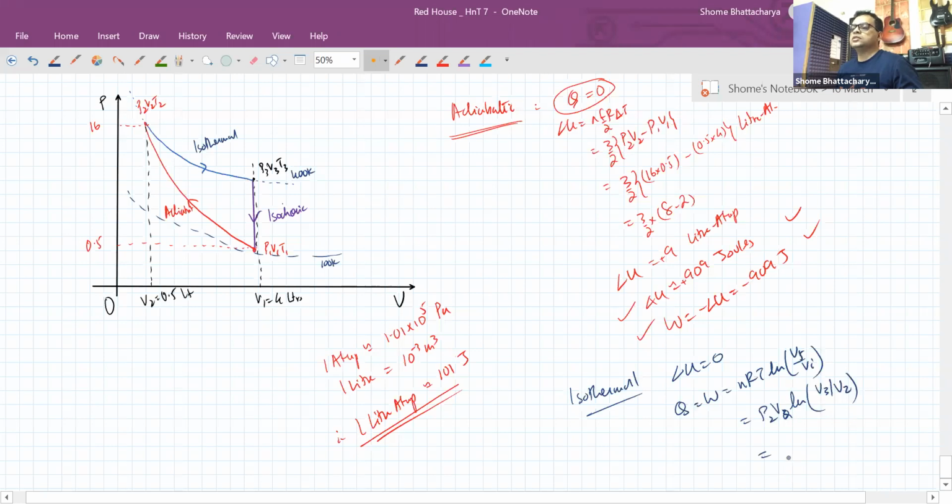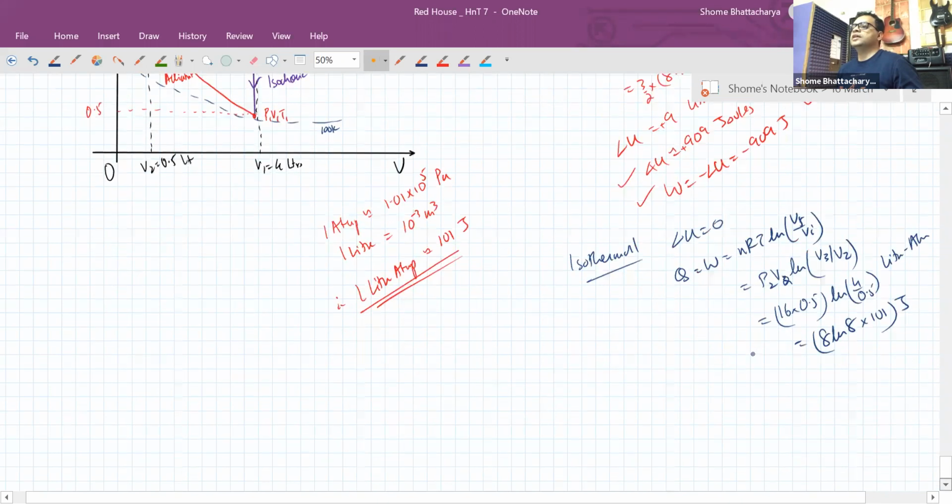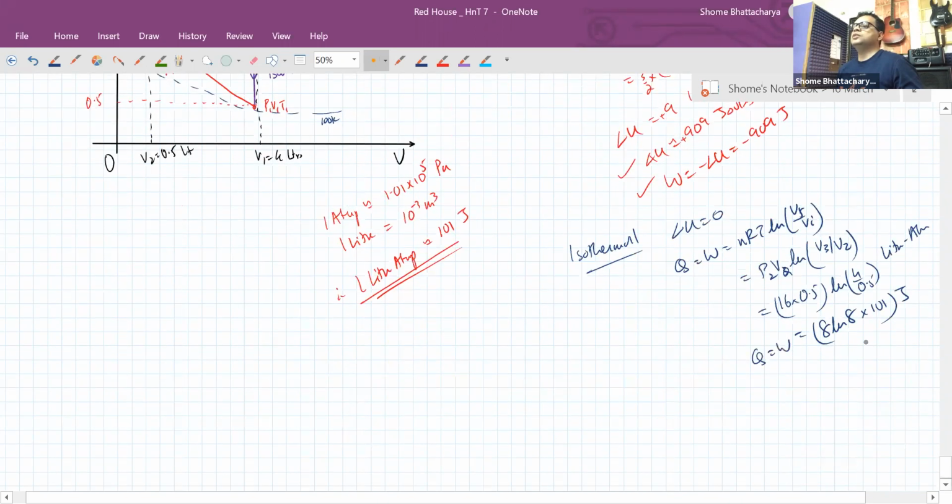P2 V2 is 16 into 0.5 liter atmosphere, and this is 4 divided by 0.5 in liter atmosphere. So that is 8 ln 8 into 101 joules. So second process, Q equal to W will be this, and delta U will be 0.